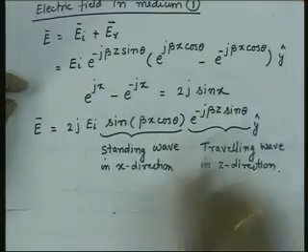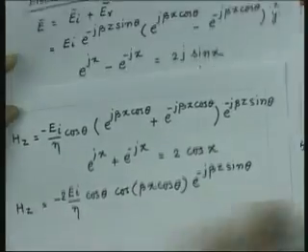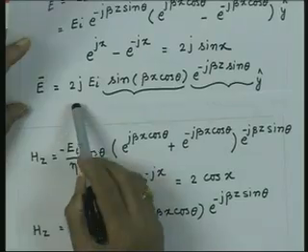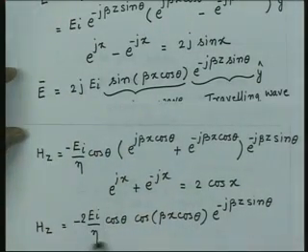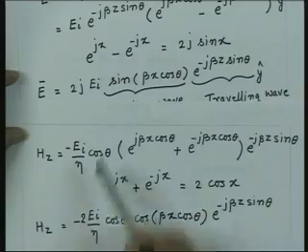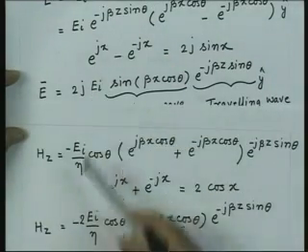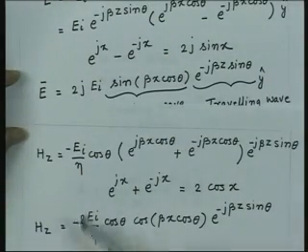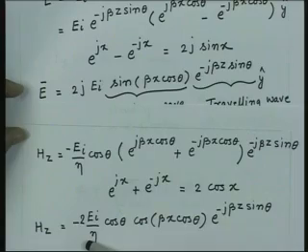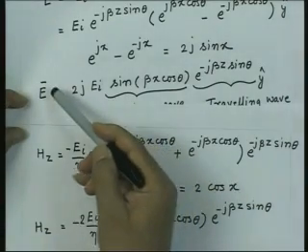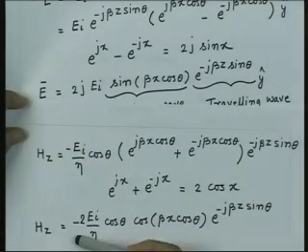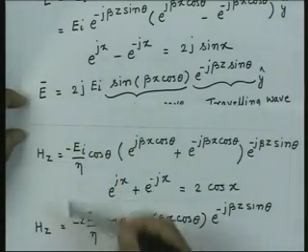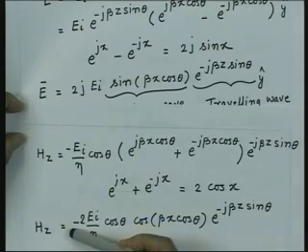If I consider E y and the H z component, you have 2 j here for the electric field and there is no j for H z. That means the phase difference between the electric field and the z component of the magnetic field is 90 degrees. So, the cross product of E y and H z gives me only an imaginary term, and the real part of the cross product of these two will be 0.